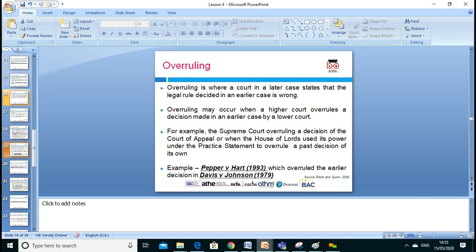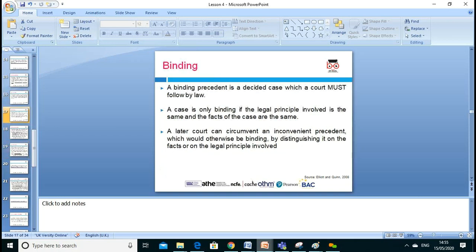For example, the Supreme Court overruled the decision of the Court of Appeal, and the House of Lords used its power under the Practice Statement to overrule its own past decision. So these are the two cases where earlier decisions have been overruled.